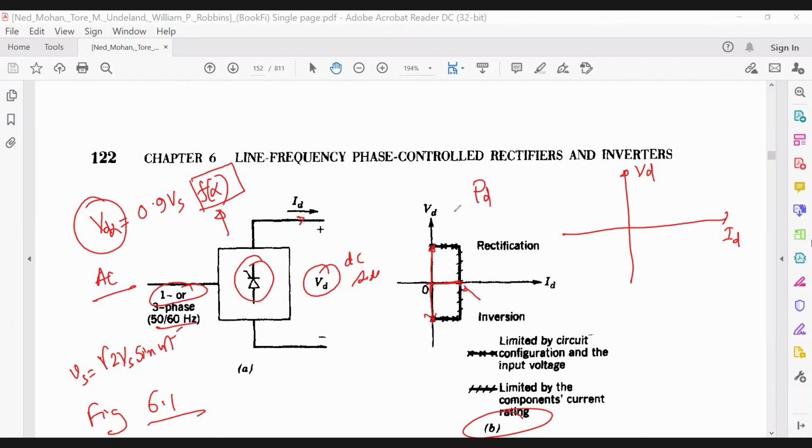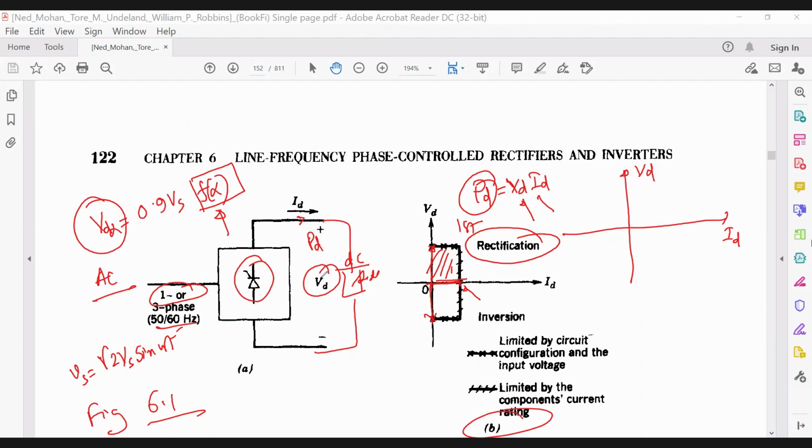So the power PD will be VD multiplied by ID. If VD is positive, that means the first quadrant, and ID is always positive, then PD is positive. Am I correct or not? Do you understand? So if VD is positive and ID is positive, it is absorbing power and working as a rectifier. That is why the first quadrant operation is rectification.